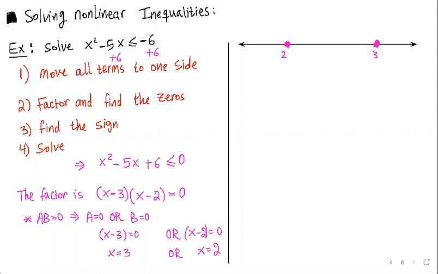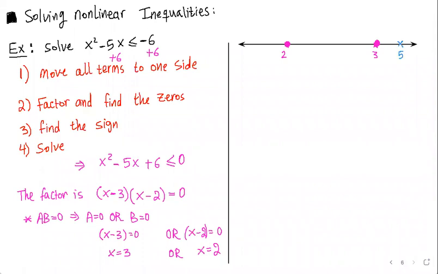Now, to find the sign, I have to pick any number between 2 and 3, any number more than 3, and any number less than 2, plug it inside this equation, and check the sign for the number. So pick any number greater than 3. Which number would you like to take? 5. Okay, let's take 5.